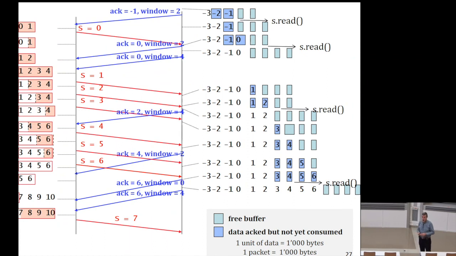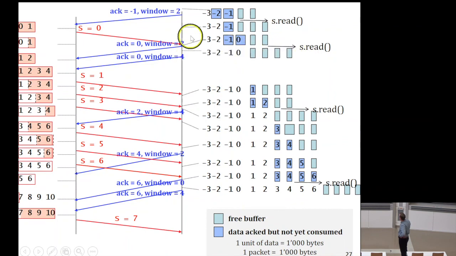Here, below the hood, is why the system on the right has sent those windows. I'm revealing here the state of the receive buffer, of the socket buffer. In dark blue are the packets that have been ACKed but have not been consumed by the application. So here, -2, -1 are ready. The application does a read of 1 packet, for example, and here it does another read and reads everything.